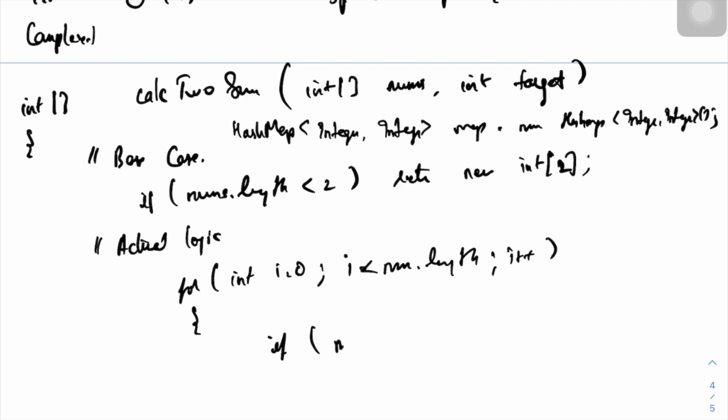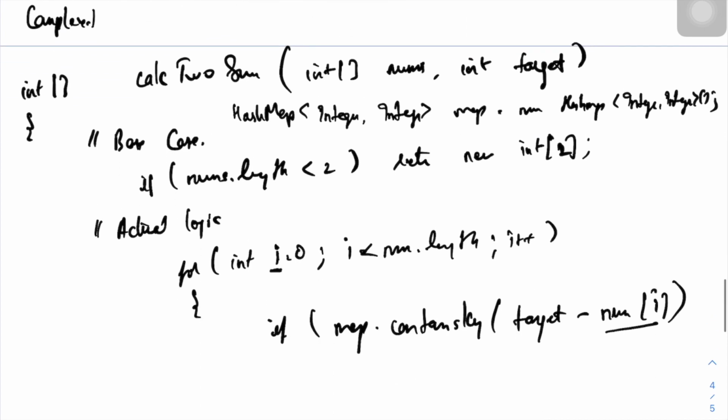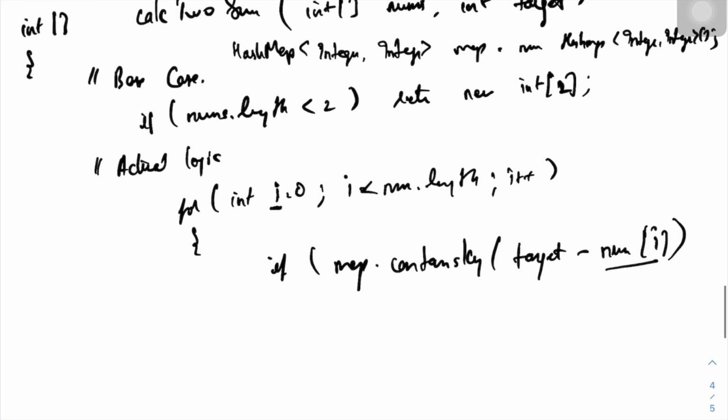First you will check map dot containsKey. Similarly to what we did, we are fixing one location, which is A. Here it is i, and we are searching for target minus nums of i. nums of i is nothing but the value at the ith location. i is our pointer, nums of i is our value at that array location.